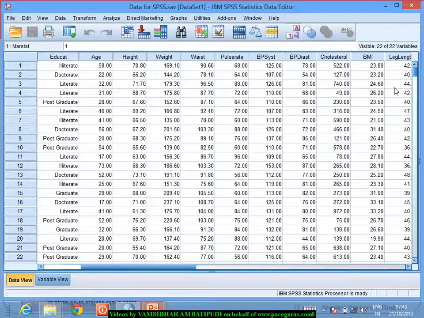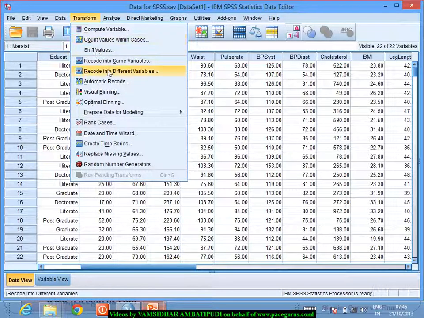Because our data is scale data, I have to convert the scale data into categorical data, and that too in a 2 by 2 form. Only then can I comfortably use the crosstab analysis. So how do I do that conversion? What I can do is, from Transform, I say Recode into Different Variables. It means I'll do a mapping.